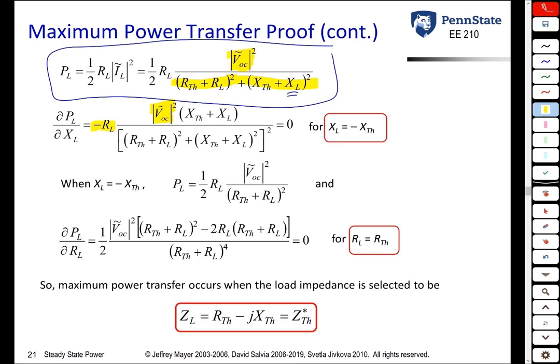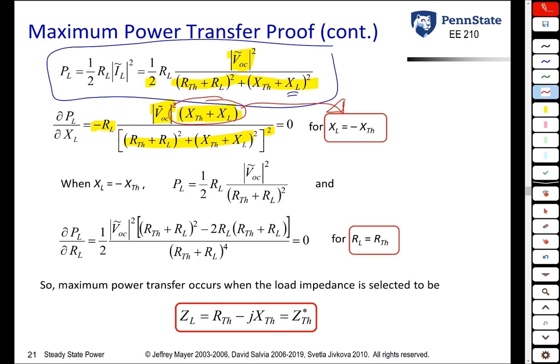The 2 cancels with that 2 in the denominator here, and we just get this. All of that is over the denominator squared. Finally, we set this equal to 0 and solve for XL. It's pretty easy to see that you simply set XL equal to minus X Thevenin. This solves the first half of the problem.